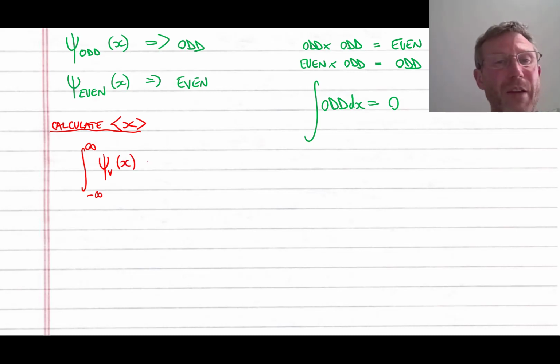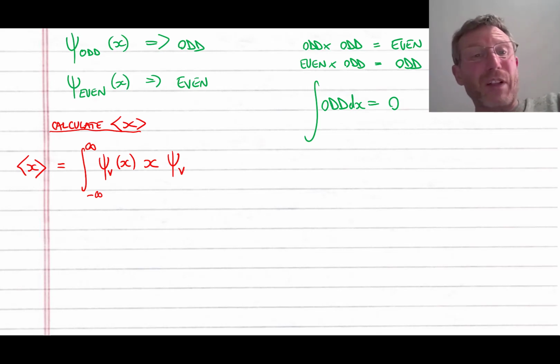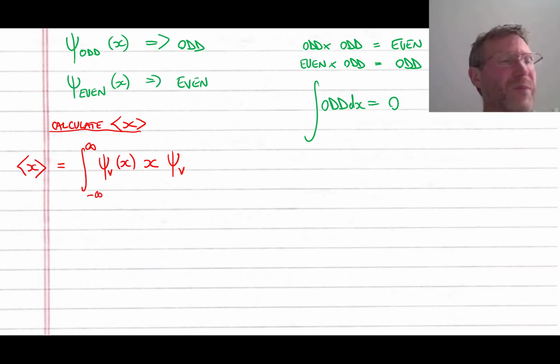Remember, to find the average value of x, we put the operator for x in between the two wave functions, so we actually operate on the wave function. Remember, in this particular case, we're dealing with real numbers, so there is no complex number associated with the harmonic oscillator. So it gets a little simpler here.